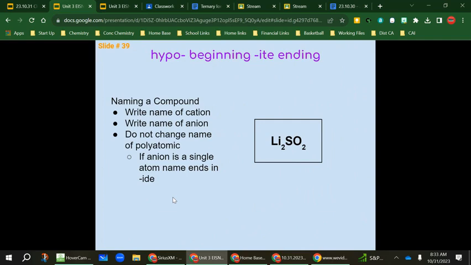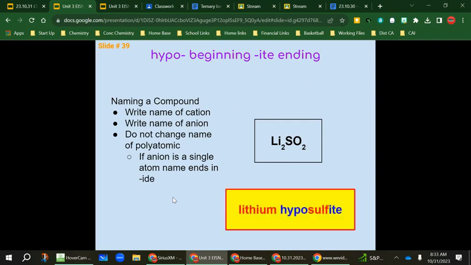So, lithium hyposulfite. Hypo always goes with ITE, ladies and gentlemen. You cannot lose 2 oxygens until you have lost 1. So when we lose 1, the ending automatically becomes an ITE. Losing the second one puts a hypo in front. Okay? Questions?